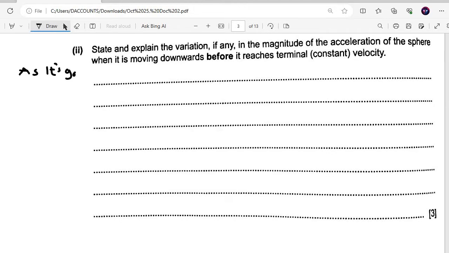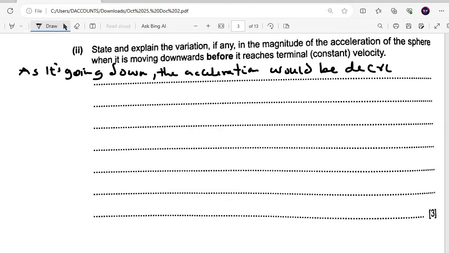As it's going downward, the acceleration would be decreasing. Why is the acceleration decreasing?